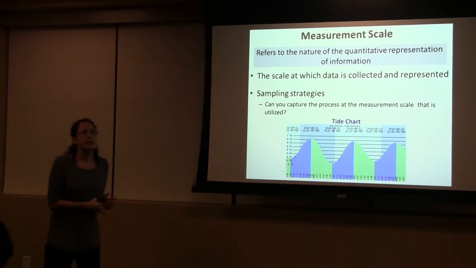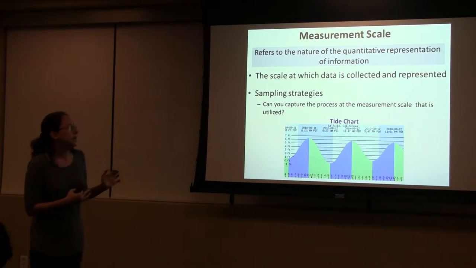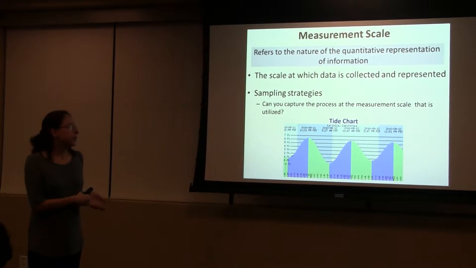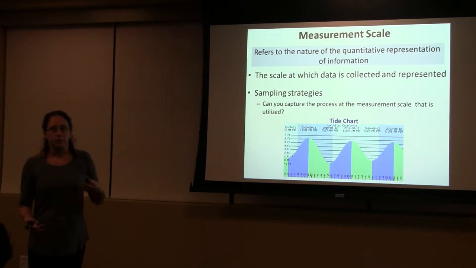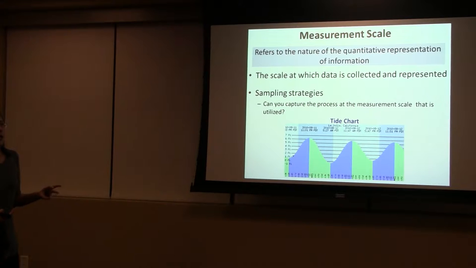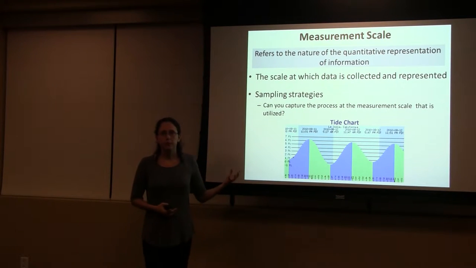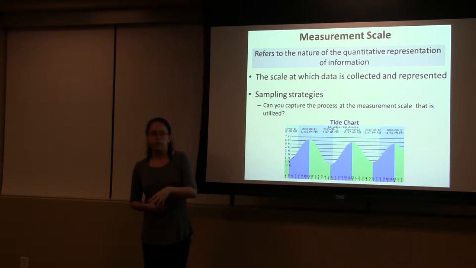So again, this is the scale at which data is collected and also represented. Now, it is very important to consider the operational scale of a process when designing the sampling strategy, because here's an example. Are we able to capture the process at the measurement scale that we choose?